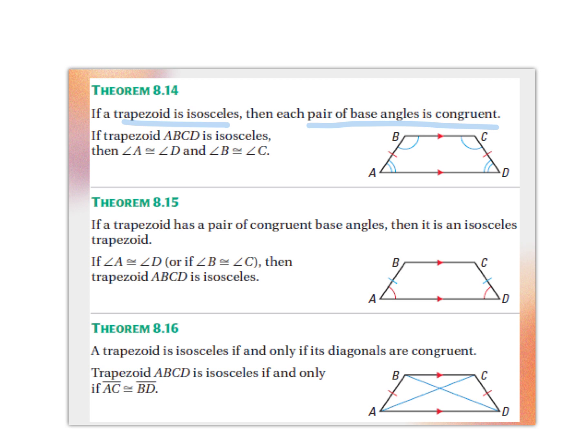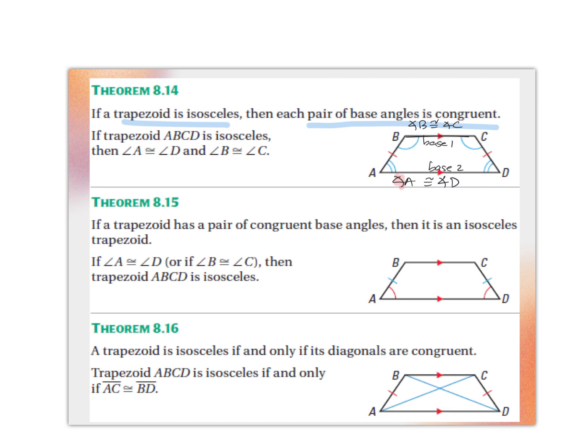What they're telling us here is that angle A is going to be congruent to angle D, because these are the base angles for base, let's call this base 2. And we know that angle B is going to be congruent to angle C because they're the base angles of, let's call it base 1. Remember, we got two bases here. The bases are those parallel sides.